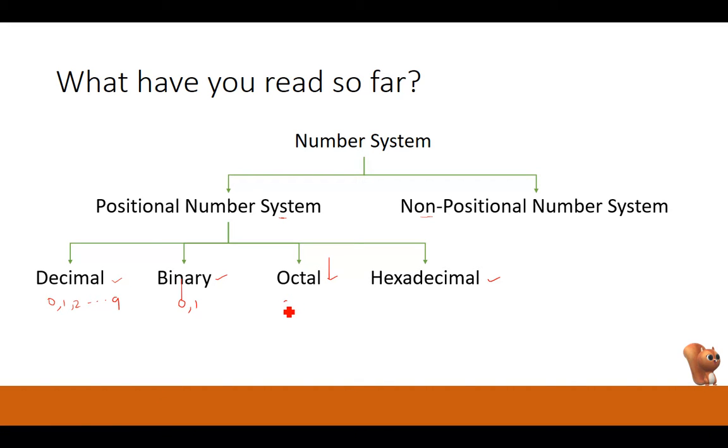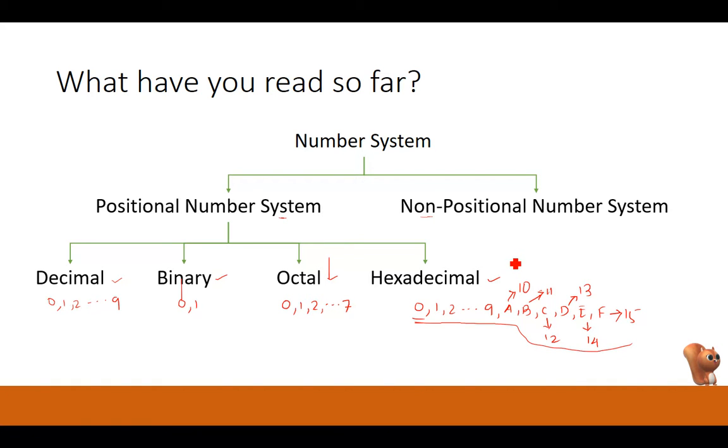Similarly, an octal number is built with the help of 0, 1, 2 up to 7, and a hexadecimal number system is built from 0, 1, 2 up to 9, then A, B, C, D, E and F. A stands for 10, B is 11, C is 12, D is 13, E is 14 and F is 15. So these are the digits we use to create a hexadecimal number system. That's all. This part we have discussed already.